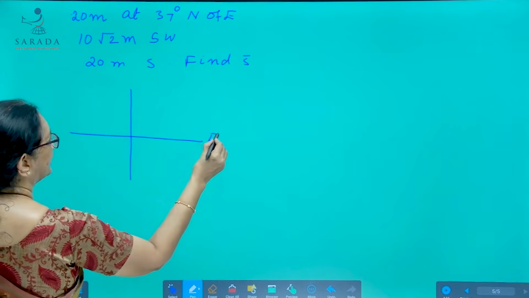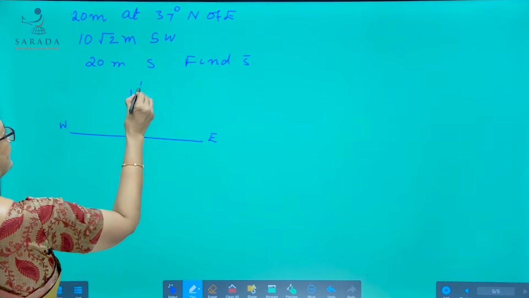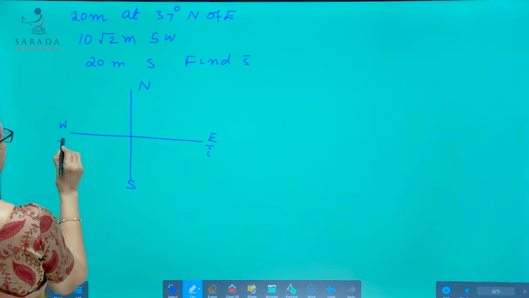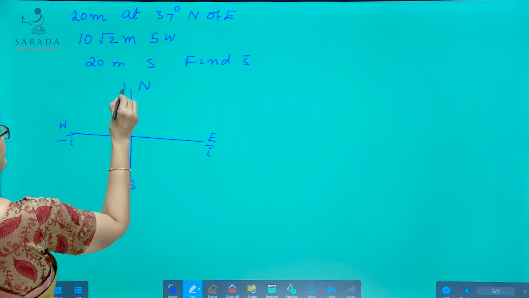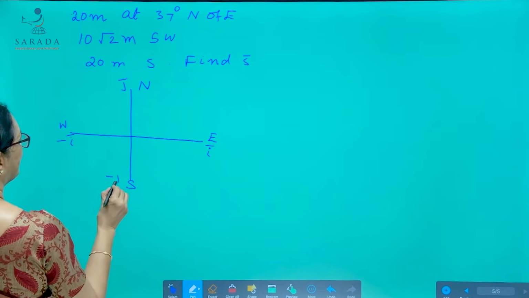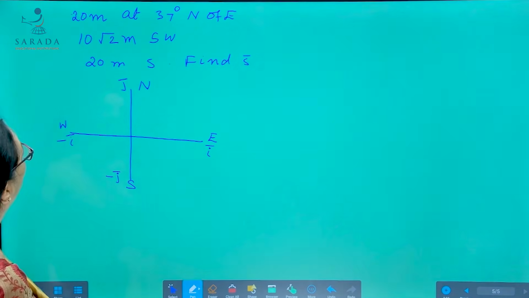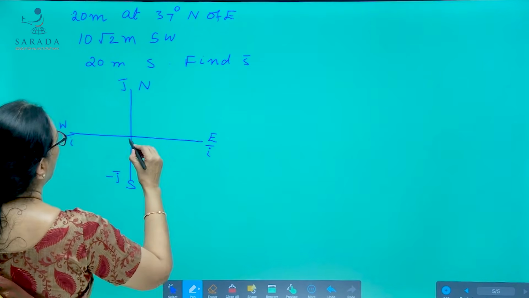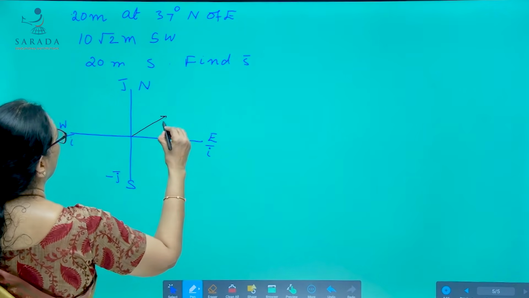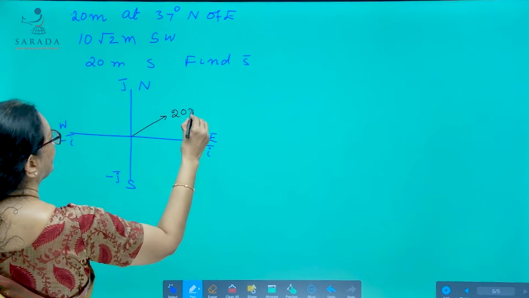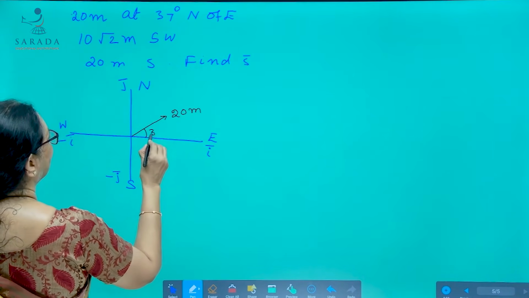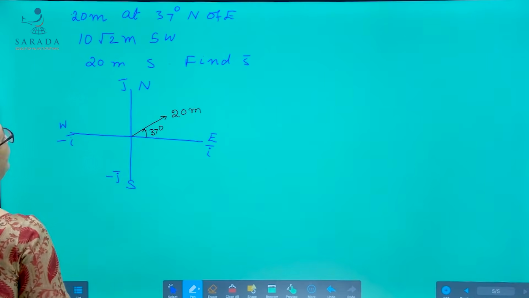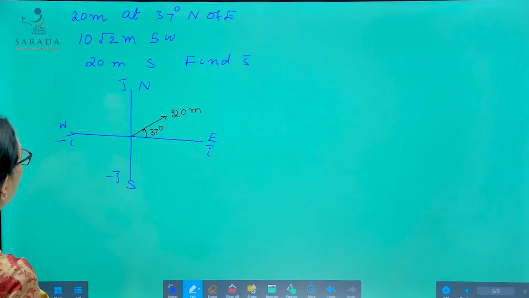So, here this is east, this is west, this is north, this is south. This is i bar, this is minus i bar, this is j bar, this is minus j bar. Right? 20 meters at 37 degrees north of east. Then 10 root 2 southwest.